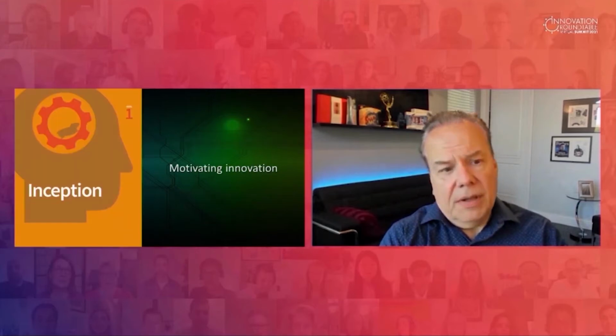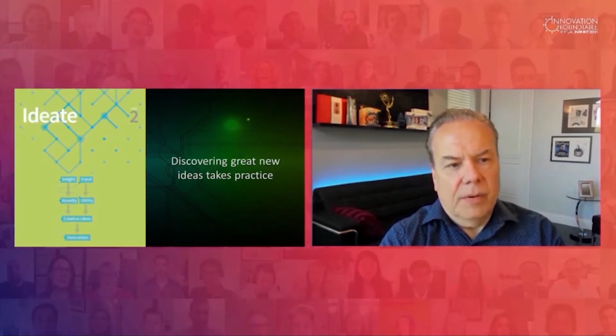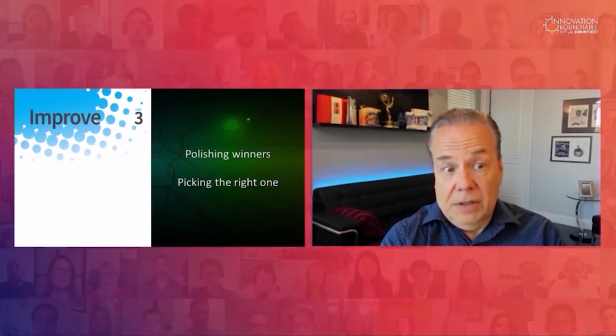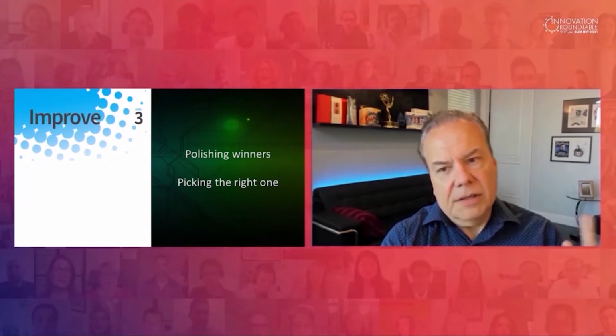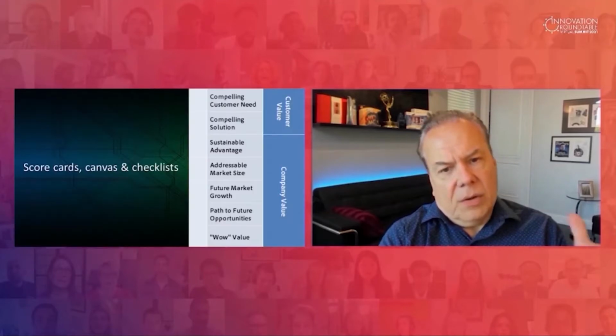So this is what the 6-level process that I described walks them through. And there is a bunch of stuff in the box, and all of this is stuff that is downloadable that you can print and make your own versions, including things like scorecards, canvas, checklists that help guide people through this process.